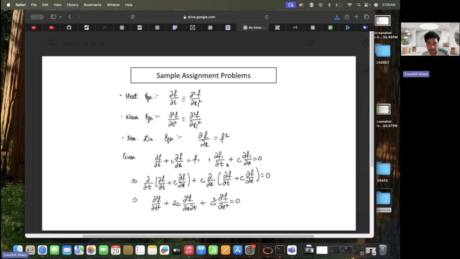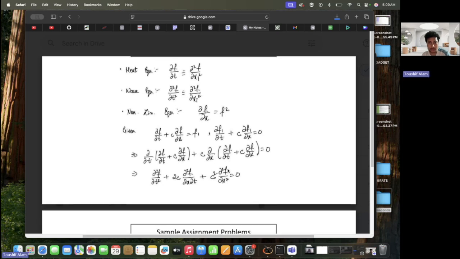Put the value of f1 in this equation and we'll get del 2f del t2 and a cross term del 2f del x del t. So this will be a 2a term, and a c square del 2f del x2 term. So we'll get this.